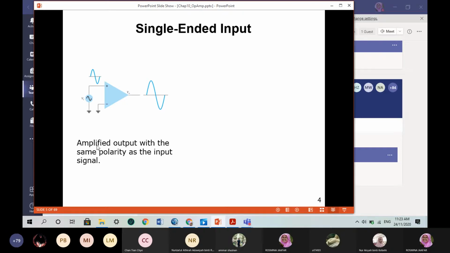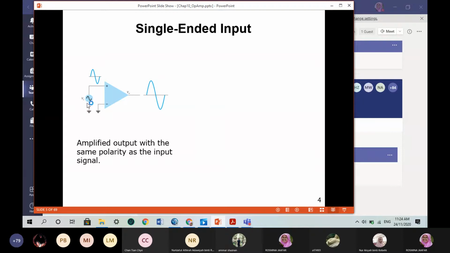An op-amp can amplify an input with the same polarity as the input signal when you apply the inverting input to the ground.